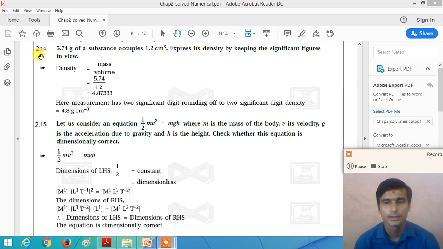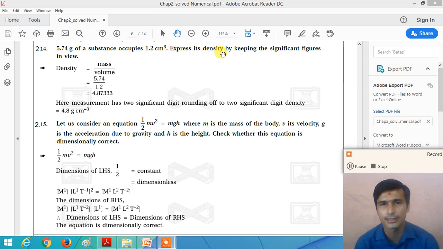Example number 2.14. 5.74 gram of a substance occupies 1.2 centimeter cube. Here the mass of the substance is 5.74 gram and it occupies the volume 1.2 centimeter cube.